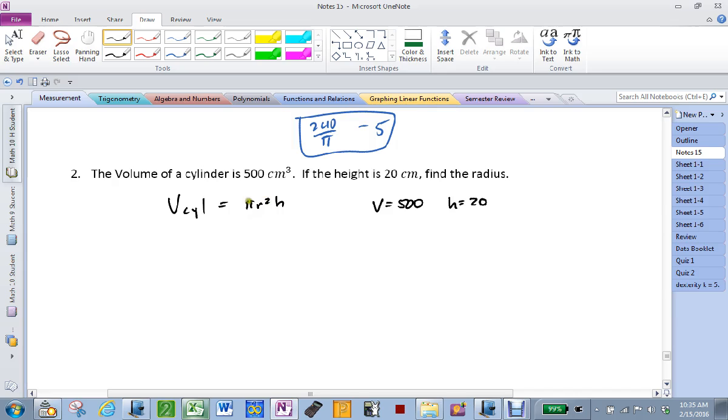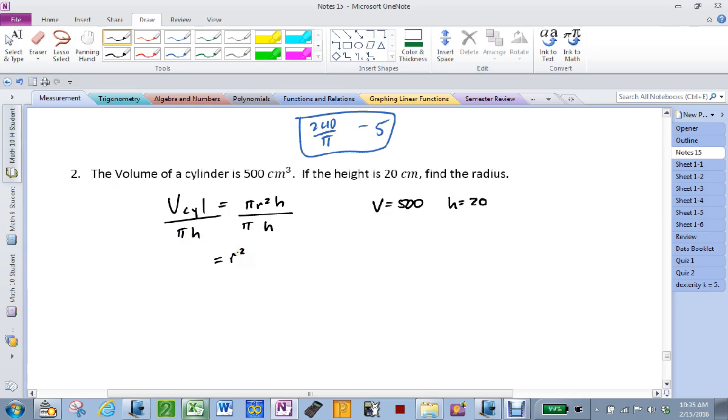So, to get r by itself here, what must I do to pi and h? Divide. So if I divide that side by pi and I divide that side by h, I'm going to be left with r squared all alone, aren't I? So what do I got to do to this side? If I divide by pi h, what do I got to do over here? Same thing, pi h.